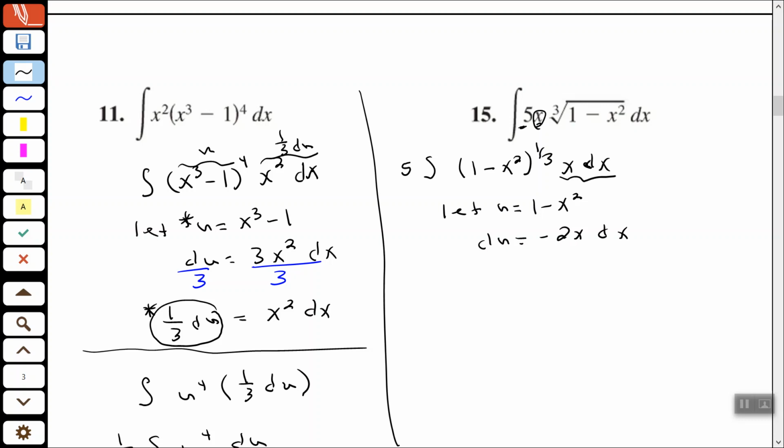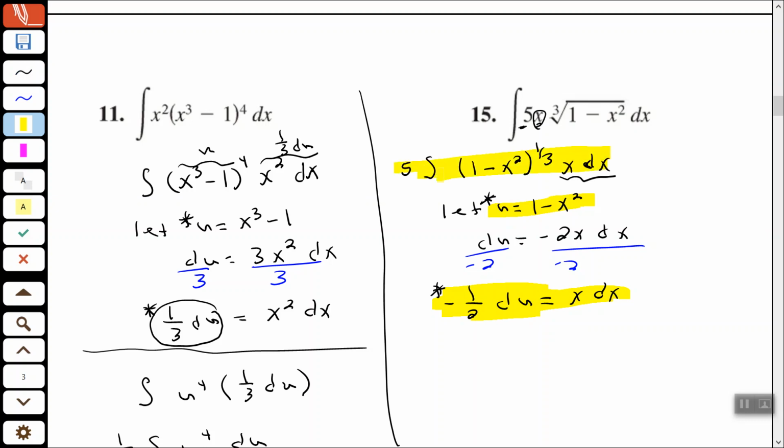So we want to divide both sides by negative 2. That's the same thing as negative 1/2 of du equals x dx. So we know negative 1/2 of du equals x dx, and we know that u is equal to 1 minus x squared.